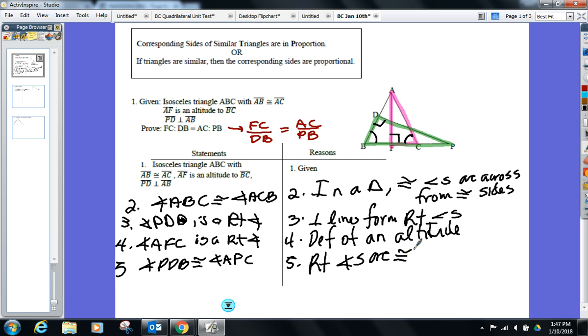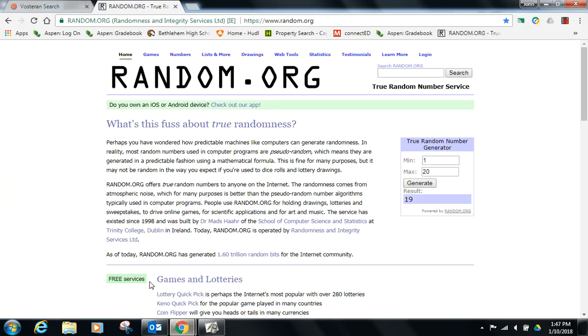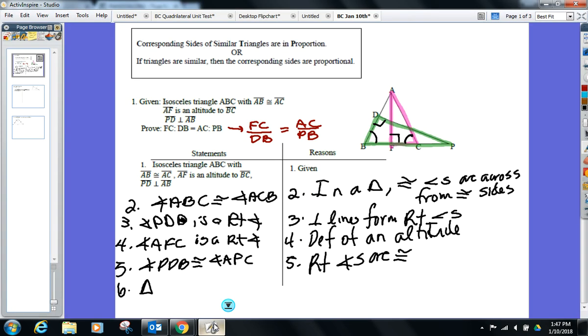Now the triangles are similar, and you have to come up with your own statement now. Make sure they match up for me, though. Triangle. What do you got for me? What are you going to match up? 17. Well, yep.